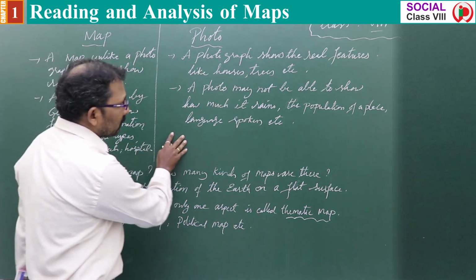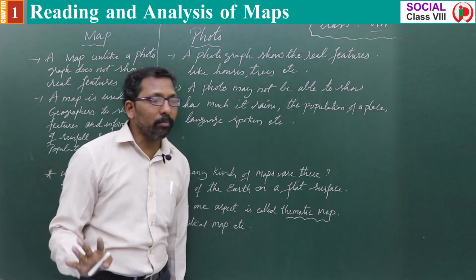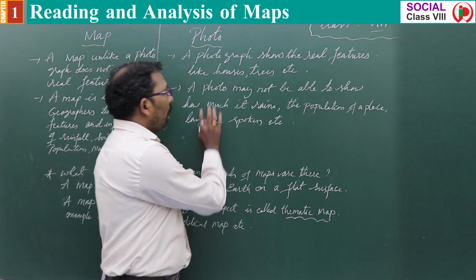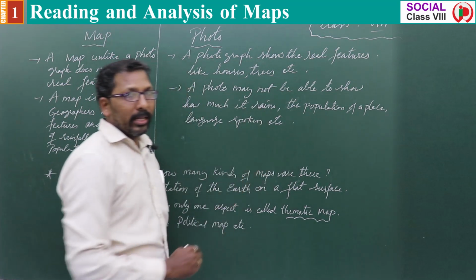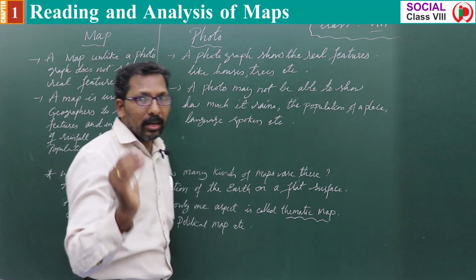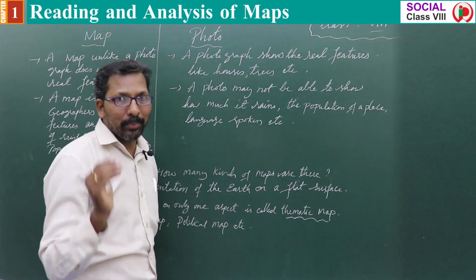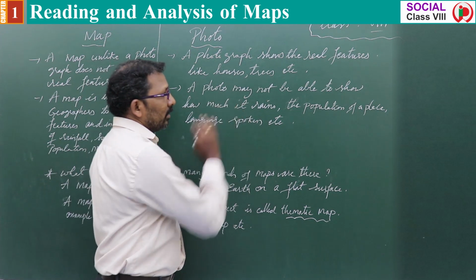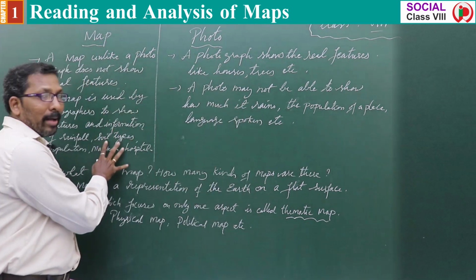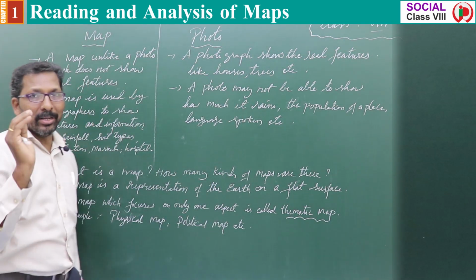But a photo may not be able to show how much it rains, what the population of a place is, what language is spoken by those particular people, right? We cannot show that in a photograph, but in a map the geographers mention it.